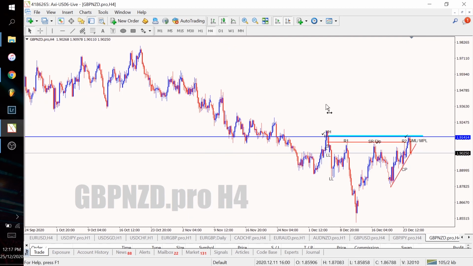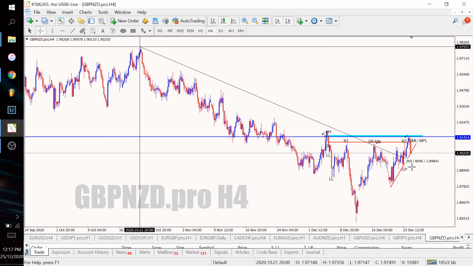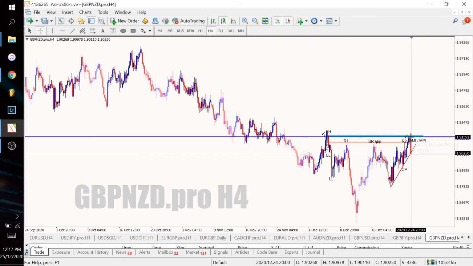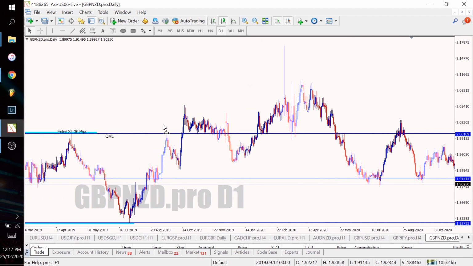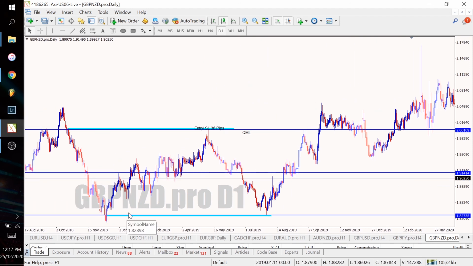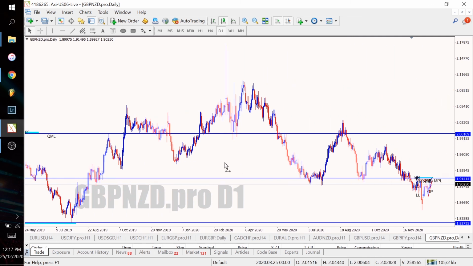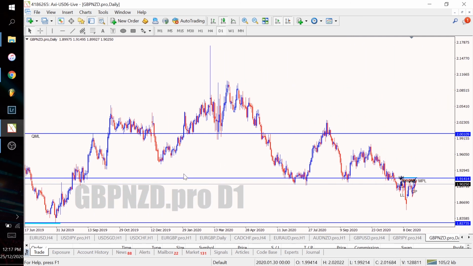If we go up to the H4, if we want to continue our downtrend, the potential is unlimited. Okay, our next zone is over here. And I've done a little back testing on the QM previously, so I know that the QM works on this particular pair.